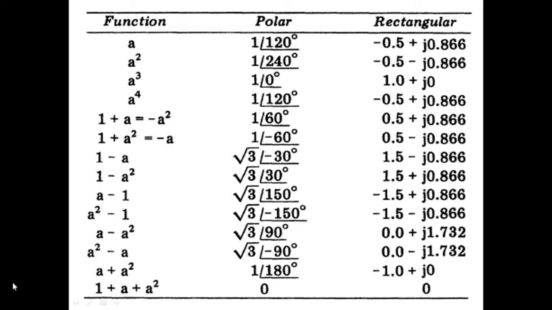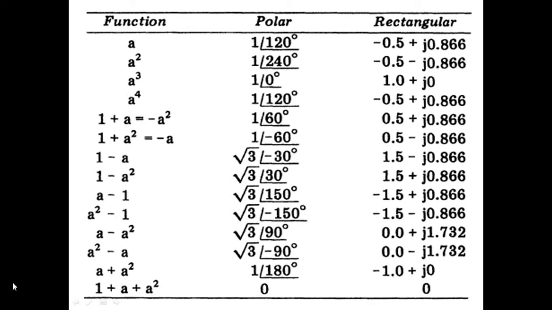The a function in polar and rectangular coordinates. a: 1 angle 120 degrees, minus 0.5 plus j 0.866. a squared: 1 angle 240, minus 0.5 minus j 0.866. a cubed: 1 angle 0, 1 plus j 0. a to the power 4: 1 angle 120, minus 0.5 plus j 0.866. 1 plus a is equal to minus a squared, that is 1 angle 60, 0.5 plus j 0.866.